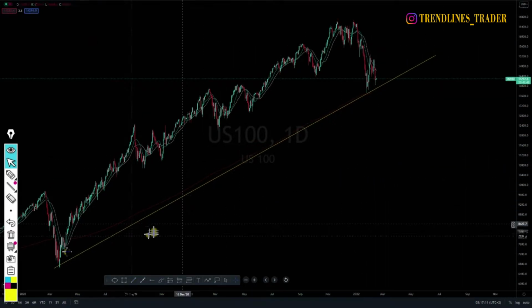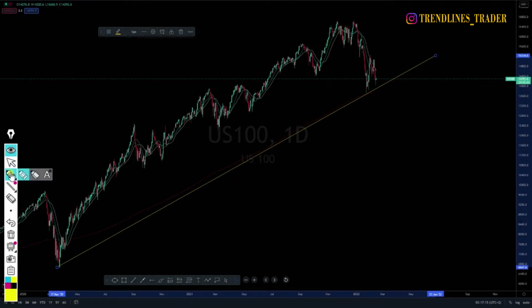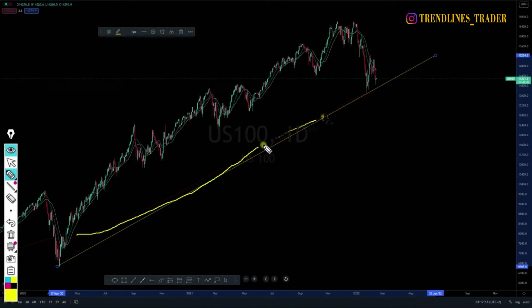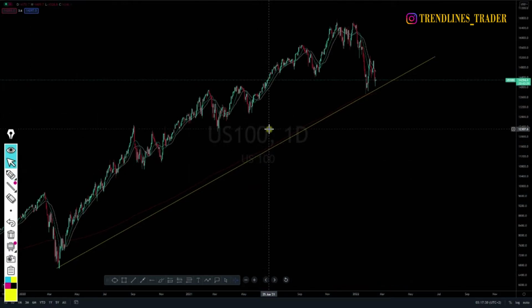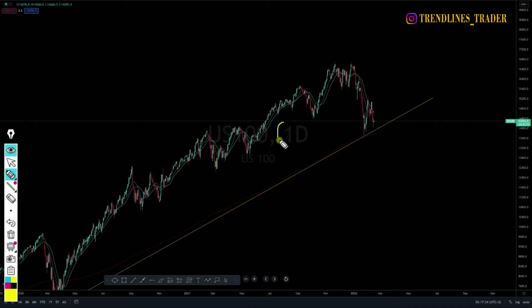We can confirm with our 200 SMA, simple moving average indicator, that we are still on a bullish trend, and we are on daily time frame.